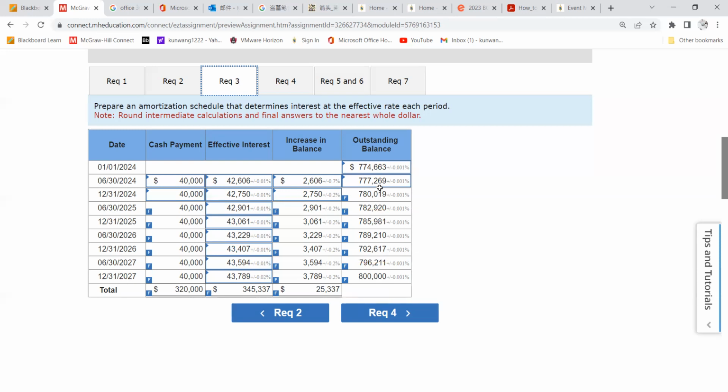Then second year we continue. But again, I really recommend you use Excel, and in question 4, there's another practice. So you only need to set up the first row and the second row. Once you set up your formula correctly, you can just copy and paste the formula to the rest of the periods, and then ask Excel to round to whole dollars.